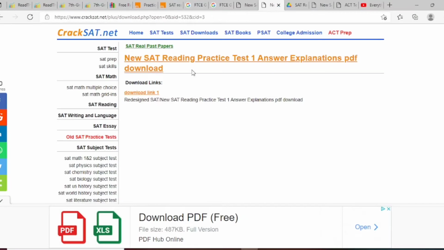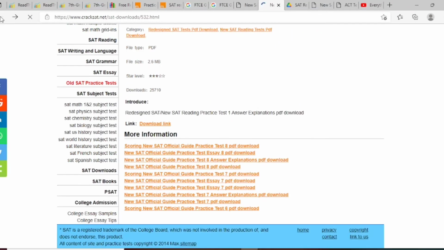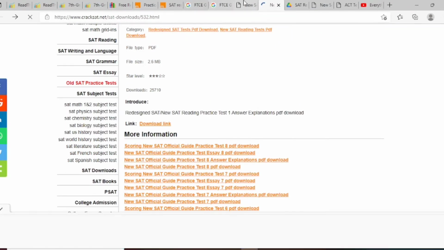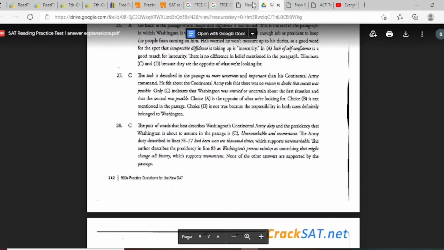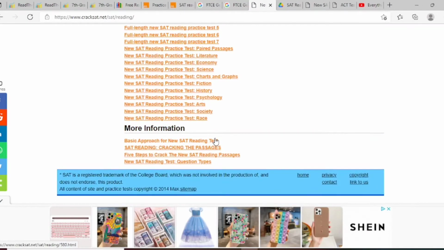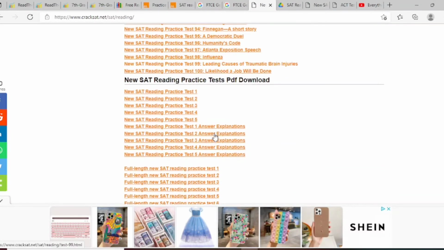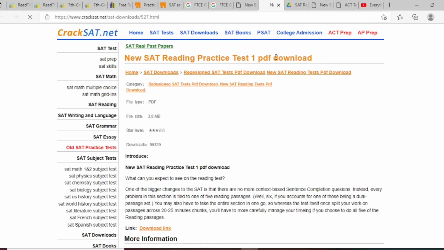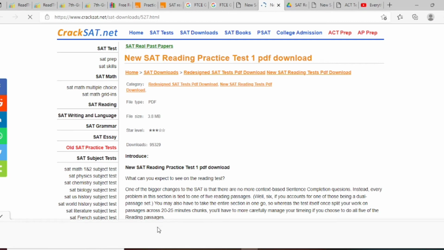My bad. Okay, so that was the answer. When you need the answers, you have to press test 1 answer explanations, but to reach test 1, you press that. Then you're going to press download link.